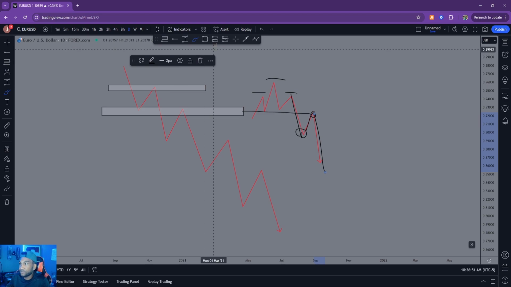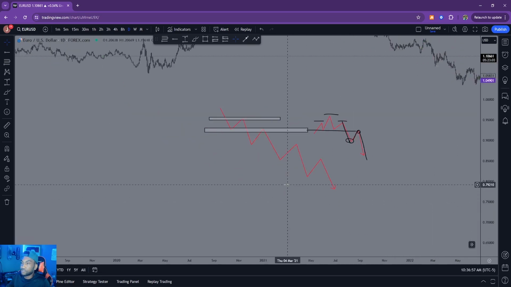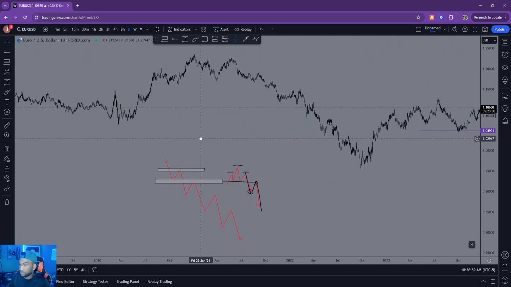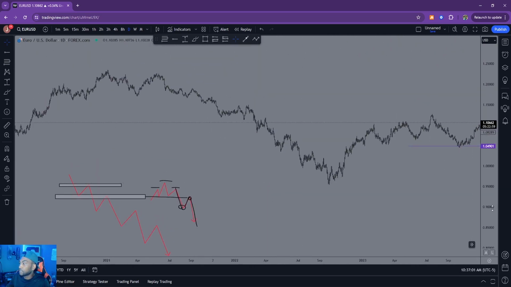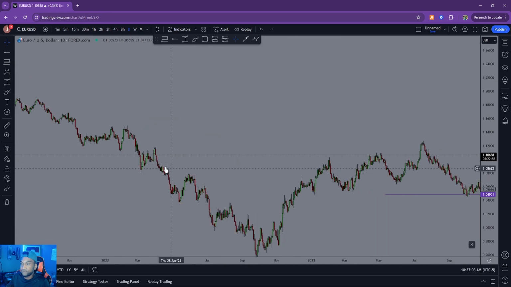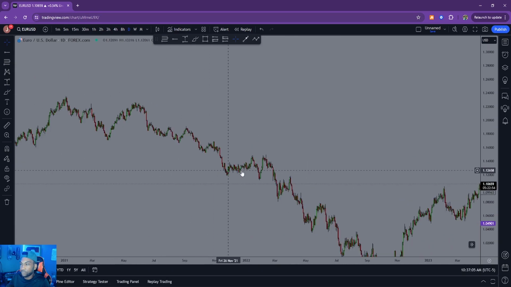You want to be ready, primed to take those opportunities whenever they present themselves. So let's take it back to the candlesticks and see if we can find a nice regular head and shoulders.